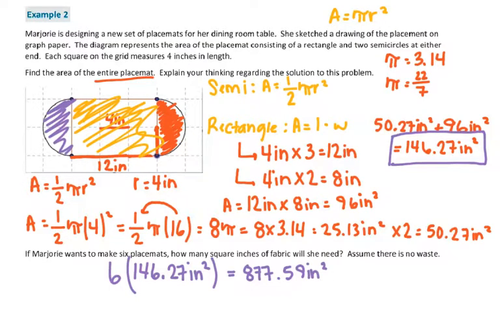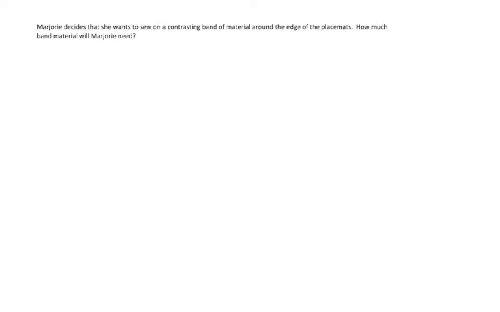So they were simply asking us to multiply 6 by that number, 146.27 inches squared. And so we find the total amount of fabric that she needs to make 6 of those placemats. Now we're almost done with this problem. They ask us one last question, which I want to go to on the next slide. So I'm going to flip ahead, but I'll be back in just a minute.